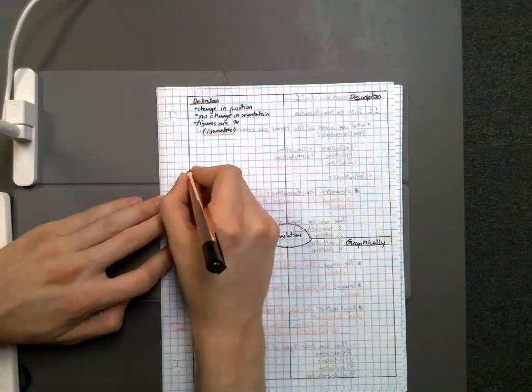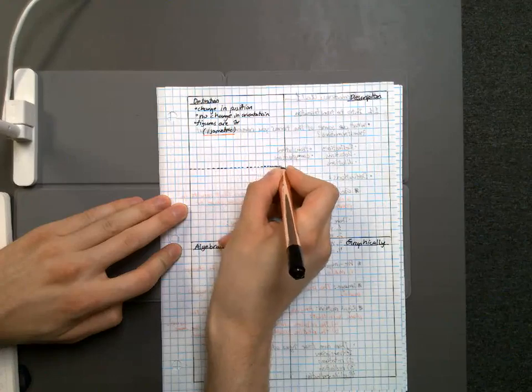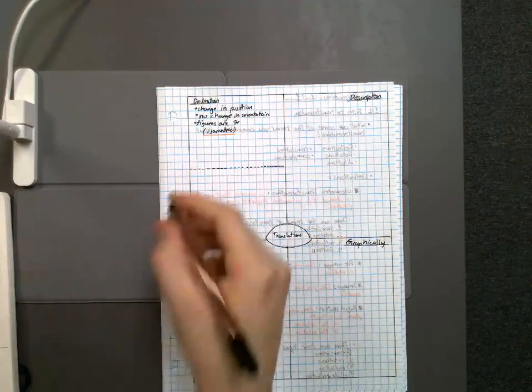Now, something you need to note about this. I'm going to do a dash division here for this box, and this is important.